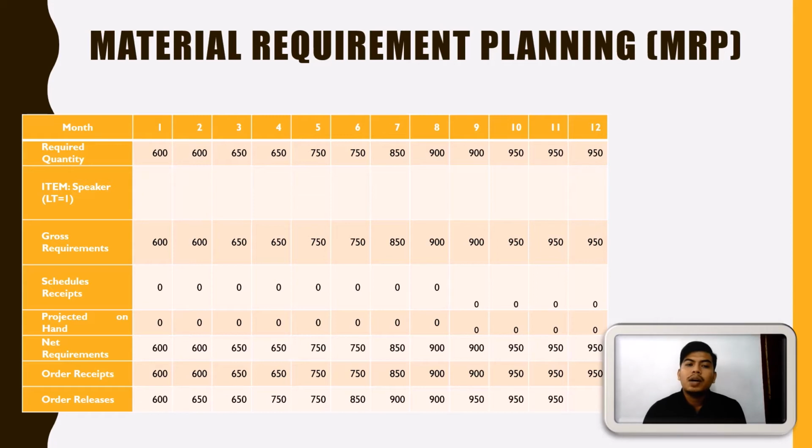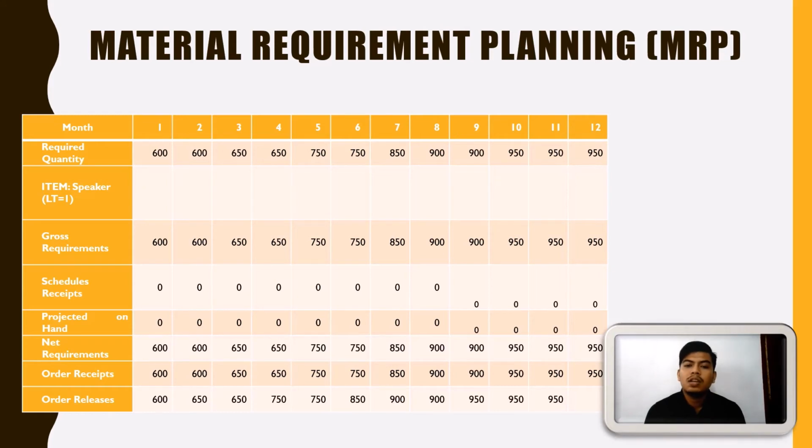For the gross requirement, we will use the requirement quantity from the forecasting demand. The first month is 600. The second month 600. The third month is 650. The fourth month 650. The fifth month 750. The sixth month 750.